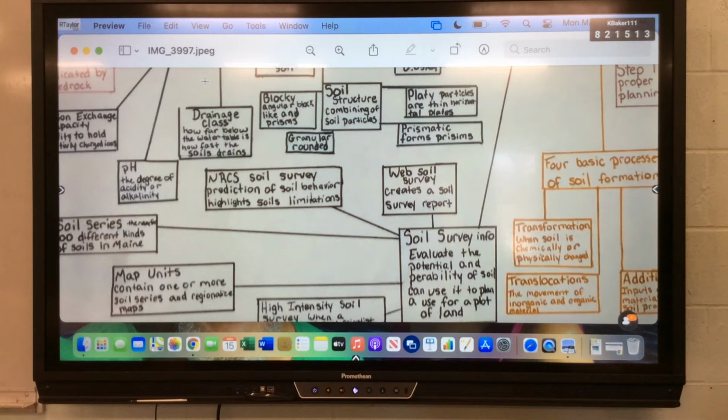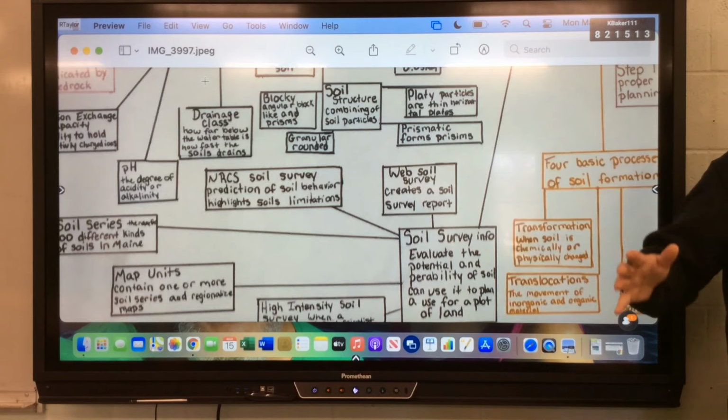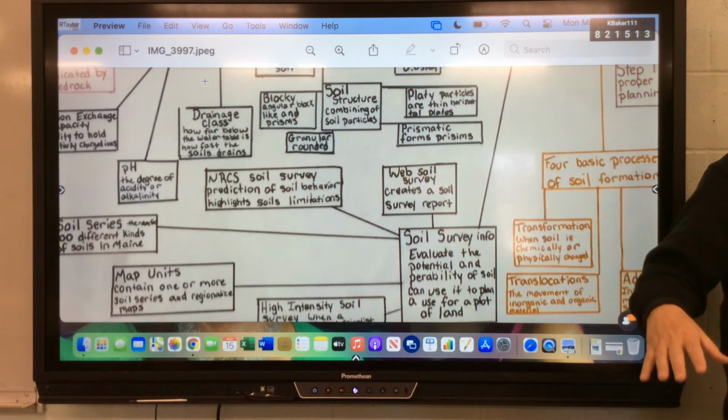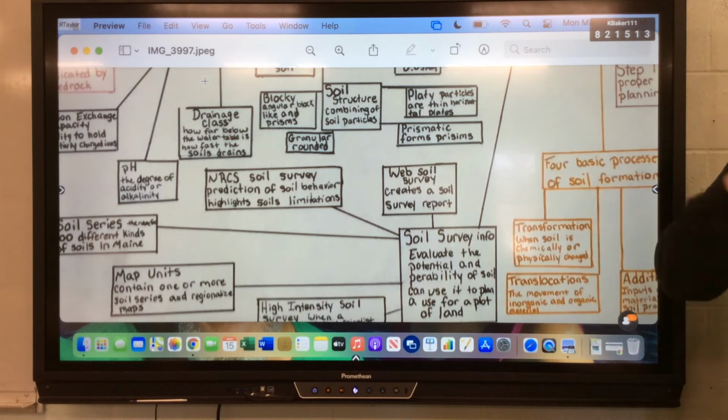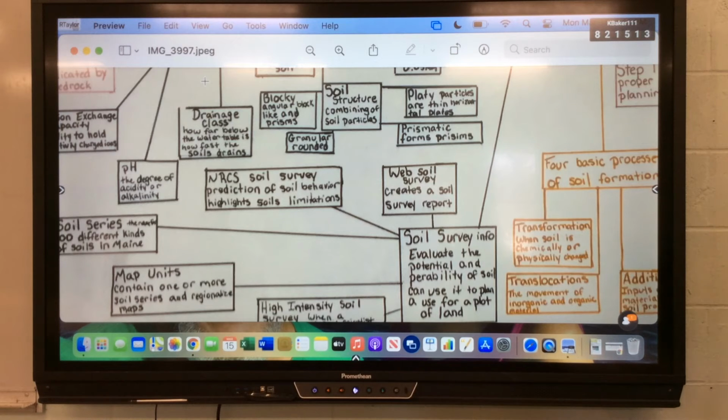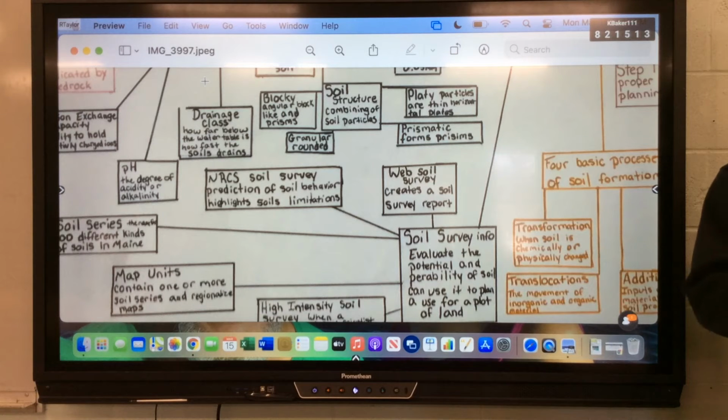When you see blacks and grays in a soil, it almost always means poor drainage. So remember that rule. Bright colors, you're going to get rusting in the soil, good drainage. When you have poor drainage, it's wet all the time, it doesn't oxidize. So the color is a great way to know your drainage.